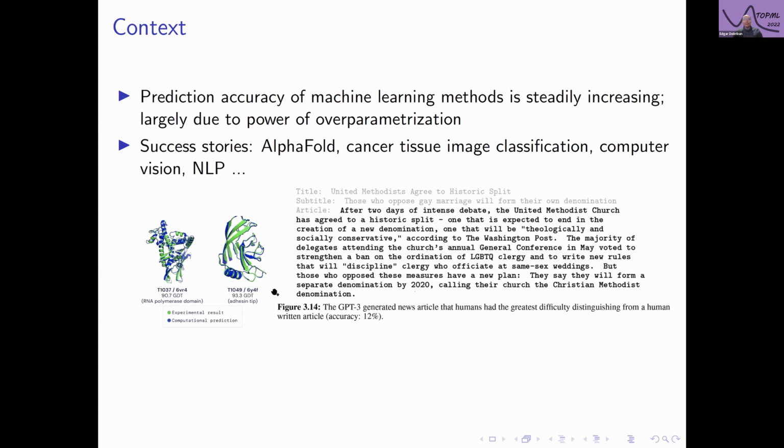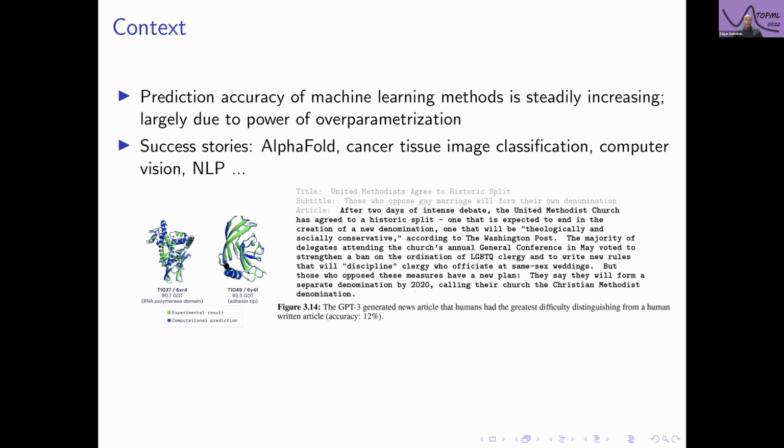AlphaFold, this algorithm from DeepMind, which predicts protein folding. Given an input sequence of a protein, it produces the three-dimensional output of the predicted structure of the protein. So it produces it by learning. It has achieved some pretty impressive looking results that you can see here from their paper.